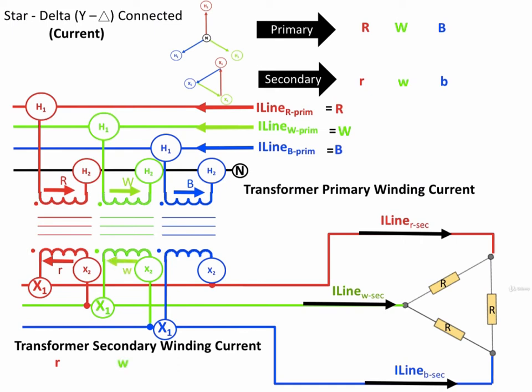Similarly, the white phase secondary coil current is going to flow out of the spot, and the blue phase coil current is going to flow out of the spot. Now, we would like to find out what the current is that's flowing in the I line R secondary, W secondary, and B secondary, and we're going to have a look at that right now.